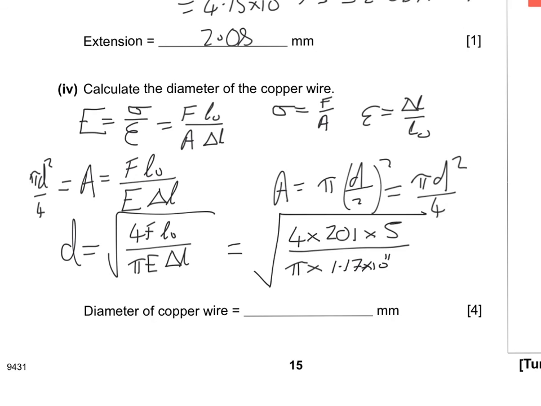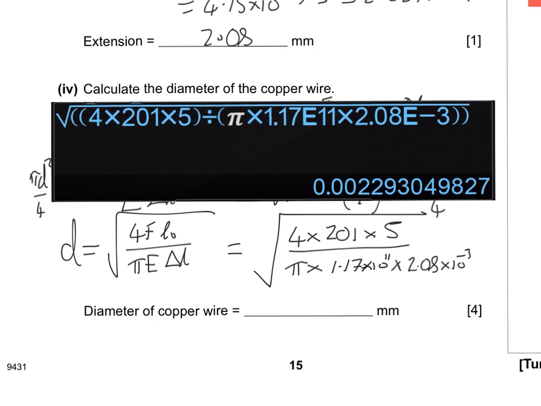Our top line had meters in it, so the bottom line needs to have meters in it. So we need to run that through the calculator now. I'm getting this value in meters, which would be 2.29 millimeters.